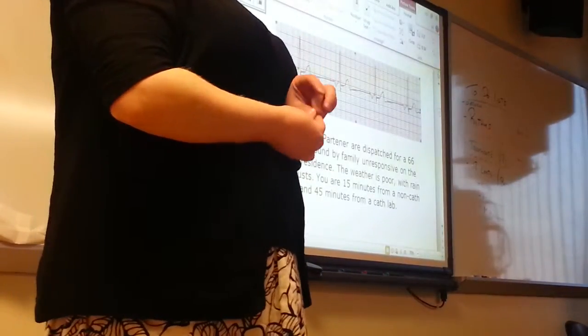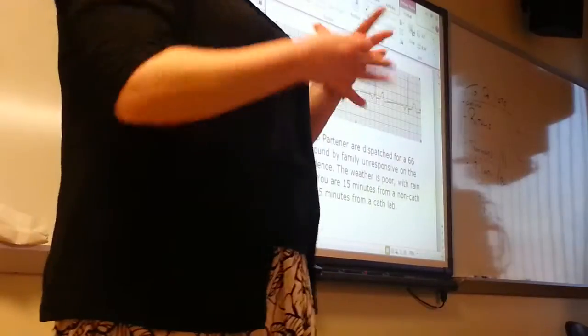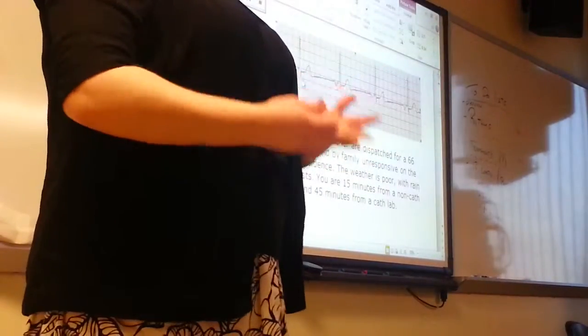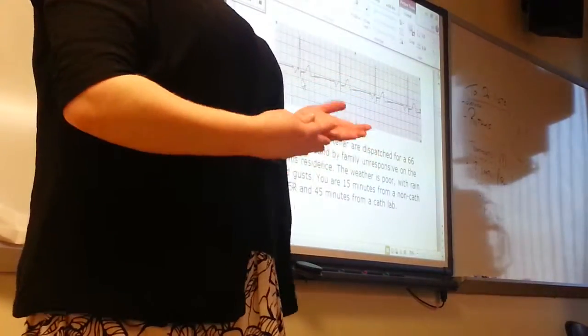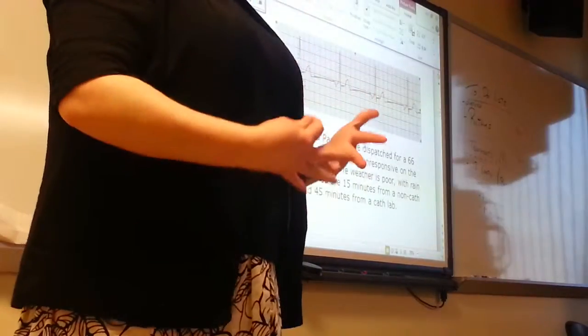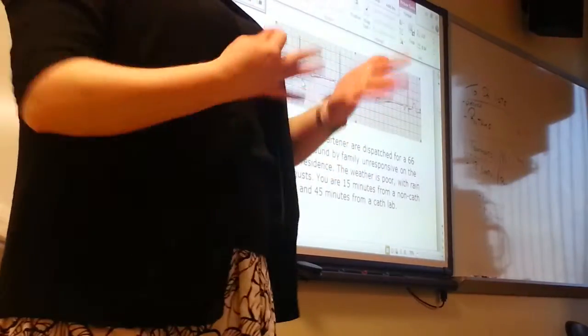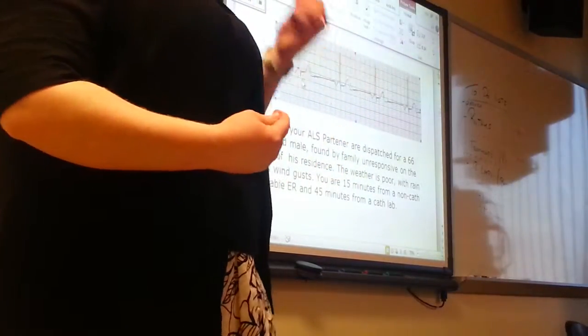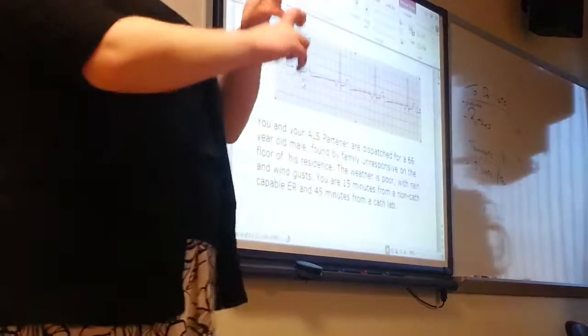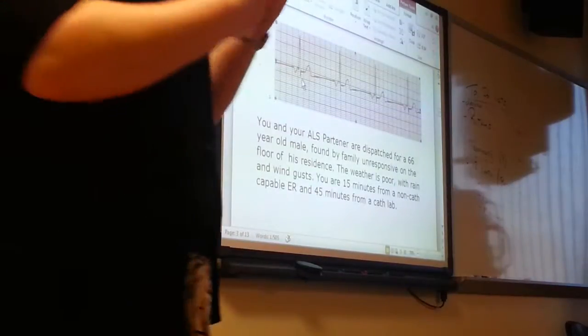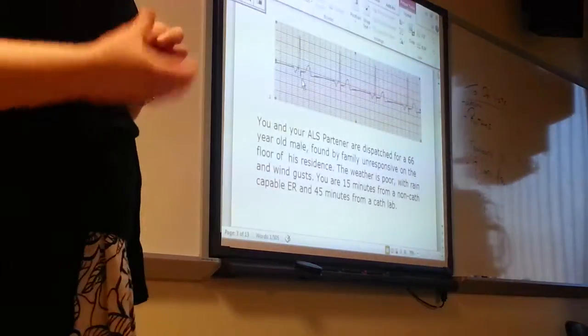This is one of those instances. When you say SVT prehospitally, you're saying that we know for a fact it's coming from above the ventricles. We don't know where it's coming from. It could be a rapid atrial rhythm, a rapid AFib, or a rapid flutter if it's regular.